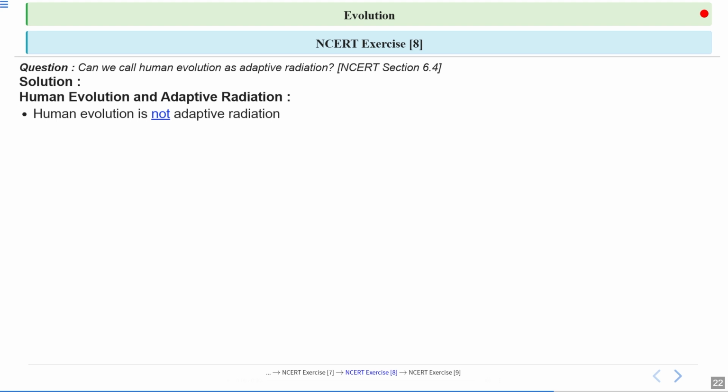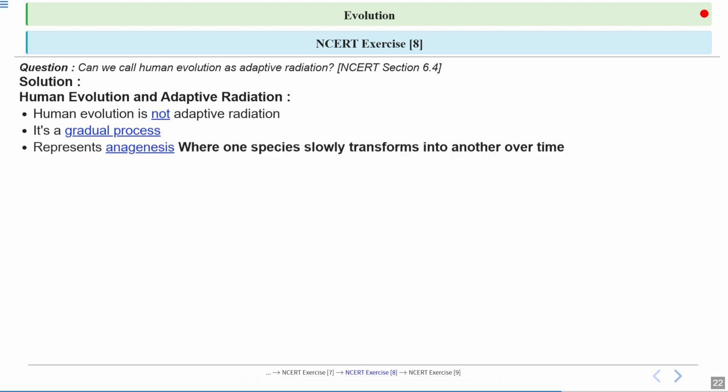Like in Darwin finches, there was one ancestral species, and from this ancestral species various different Darwin finches evolved. So there was a rapid diversification of the ancestor into different species, but this is not the case in humans. So human evolution is a very gradual process. It is a slow and steady process of change over a long period.